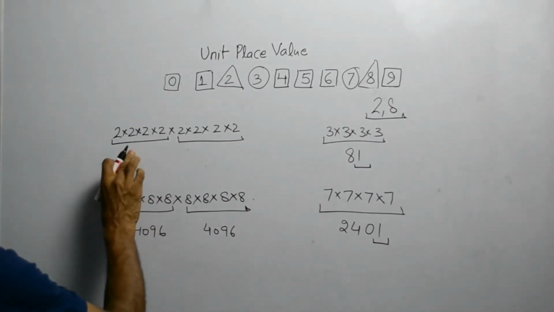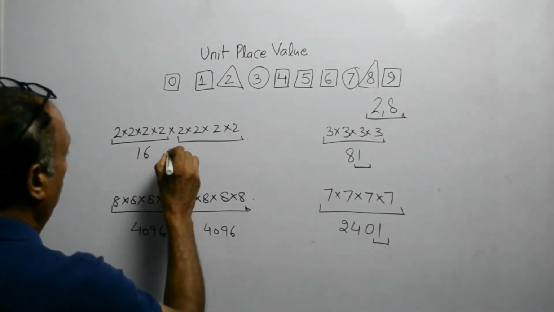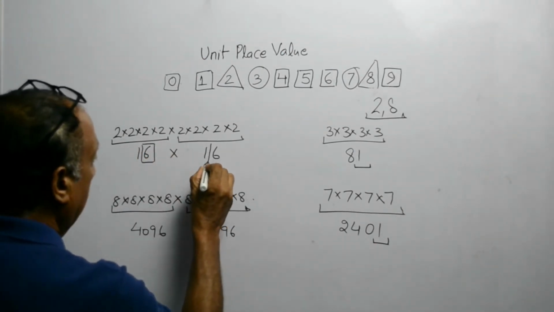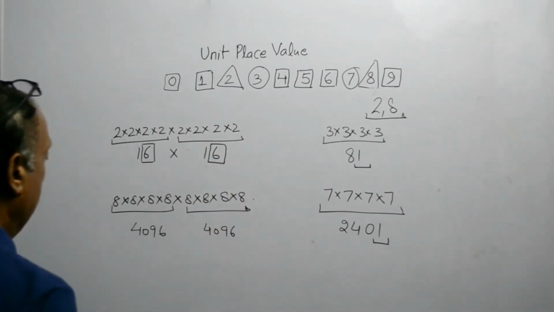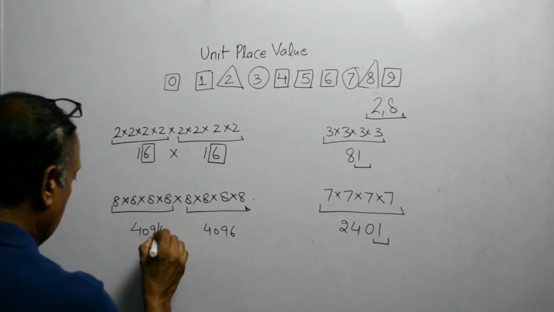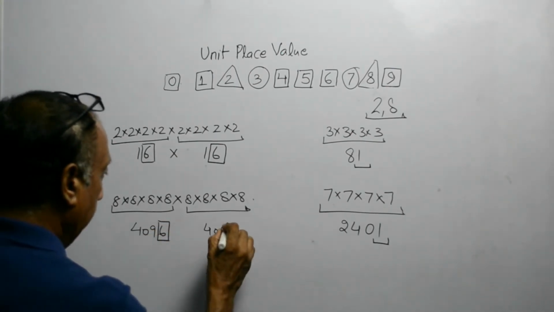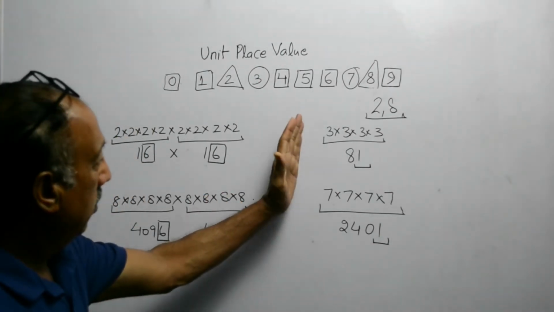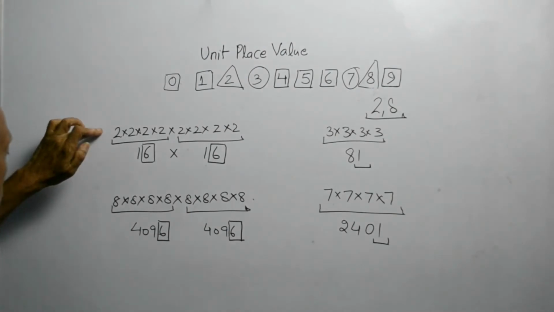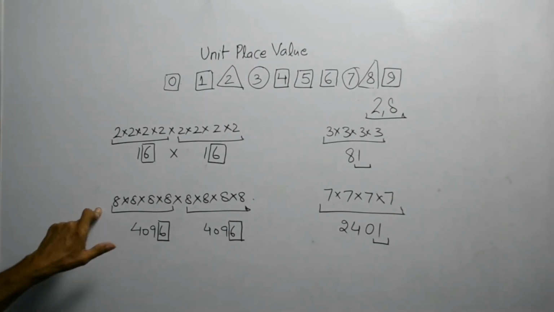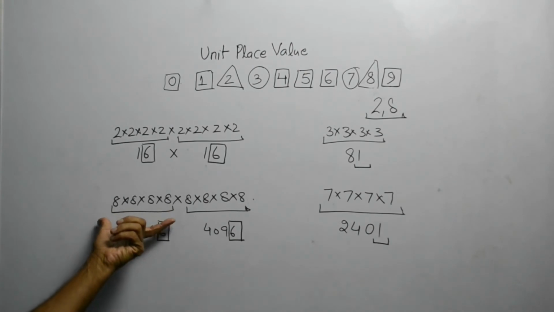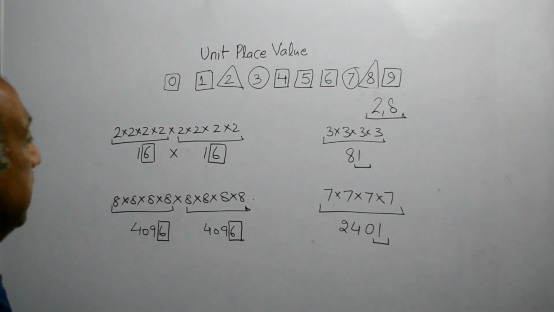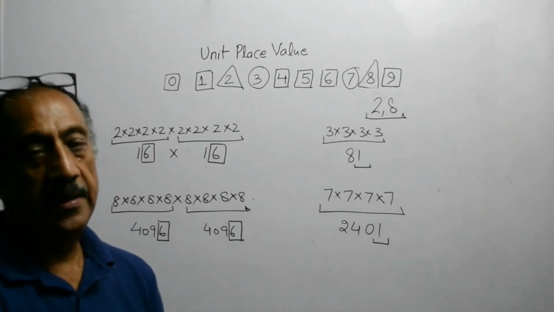But in case of 2, we get 6 as the last digit in the block of 2's and also 6 as the last digit in the block of 8's. Similar to 3 and 7, in case of 2 and 8, we make the blocks of 4 8's and 4 2's. The remaining process is exactly the same.